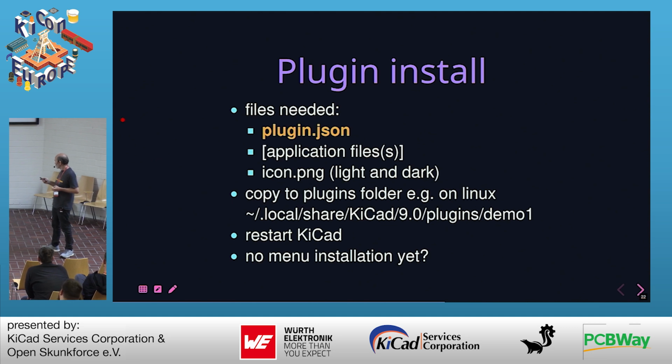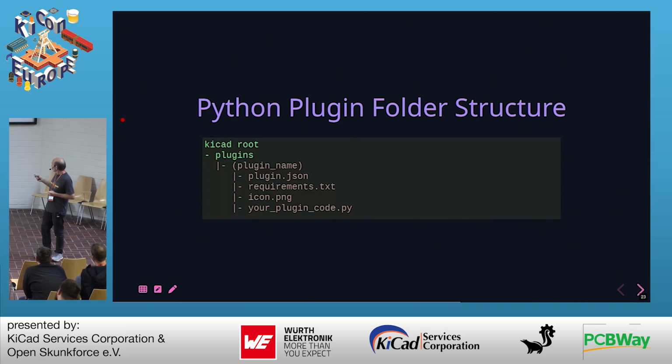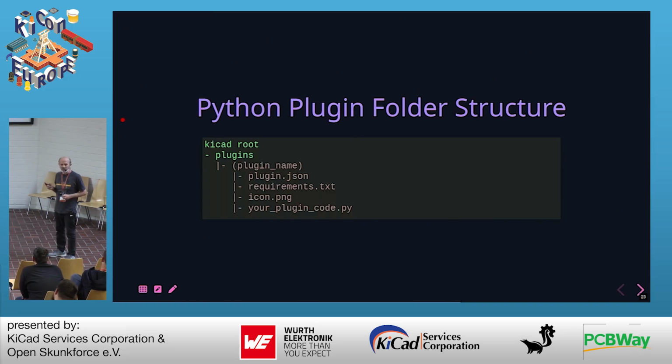So it fails silently. If it fails, it doesn't say anything. So you have to debug it, which I'll get to later. But this is the typical set of files that you need for your build. There's one that I didn't mention, and that's the requirements.txt file. As is normal with Python, you put the packages that you're going to use in there.